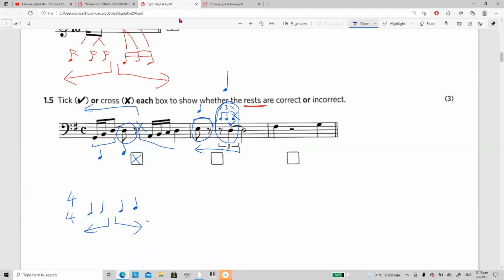So the rests are correct. And the last bar, the first half must have 2 crotchets and the second half must have 2 crotchets. So they cannot merge these two. It's supposed to be separated, the 2 crotchets. So this one is also wrong.